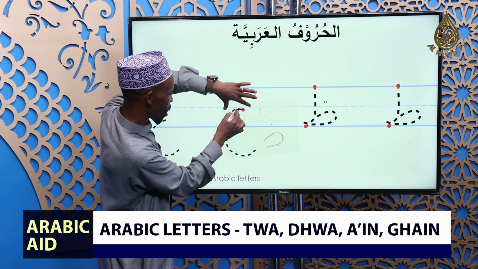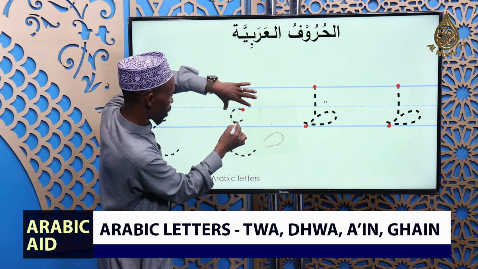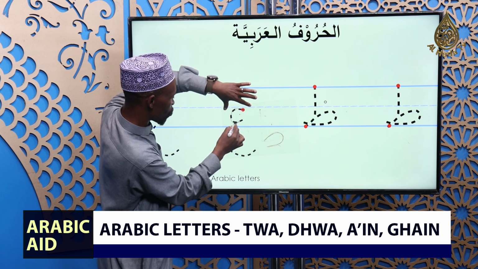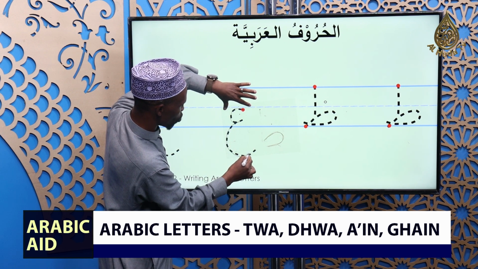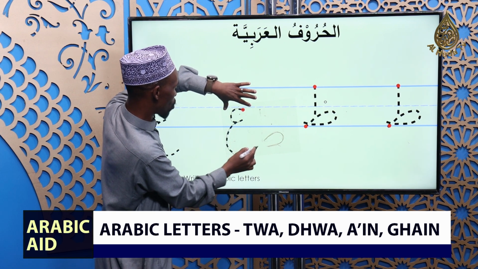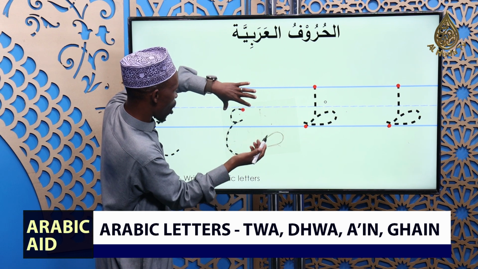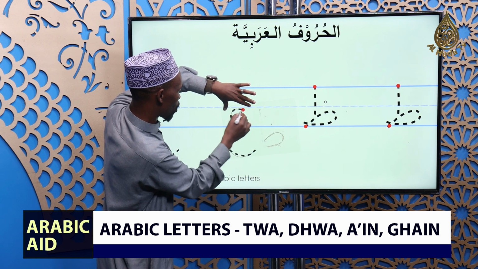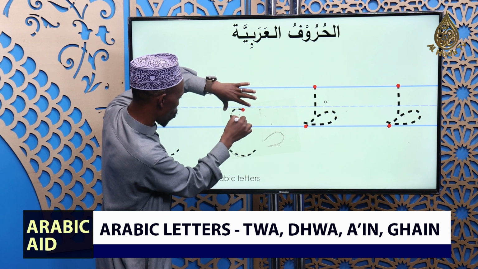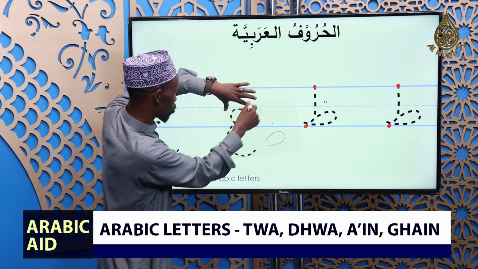Start from the red marker, just write the small curve, and then you merge it with another big curve going down there. You finish there, you'll have written letter Ain. Remember, you start just below the imaginary line, but not on top.